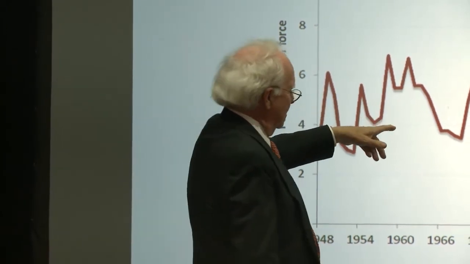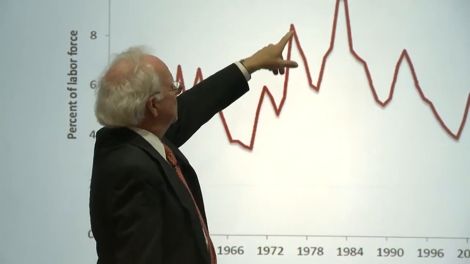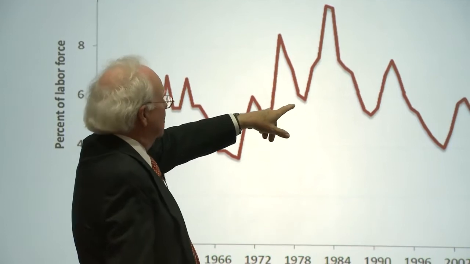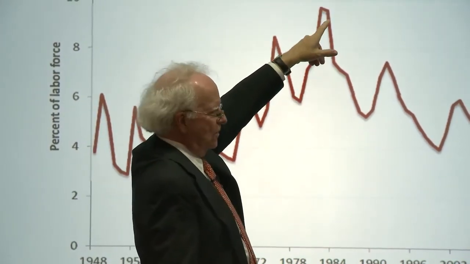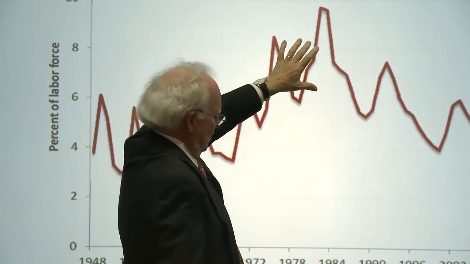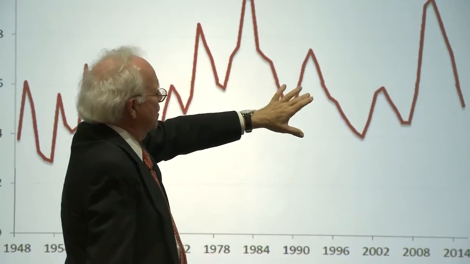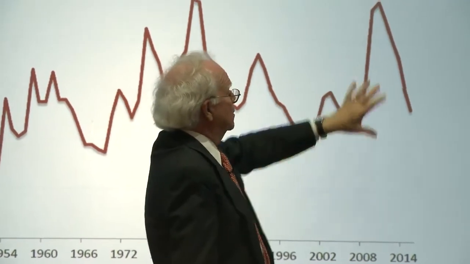Periodically, there is a burst. For example, this was the recession of the mid-1970s. This was the previous worst recession, 1981-82, when unemployment jumped up. There was a recession in 1990. There was quite a mild recession in 2001, and then there was the Great Recession.